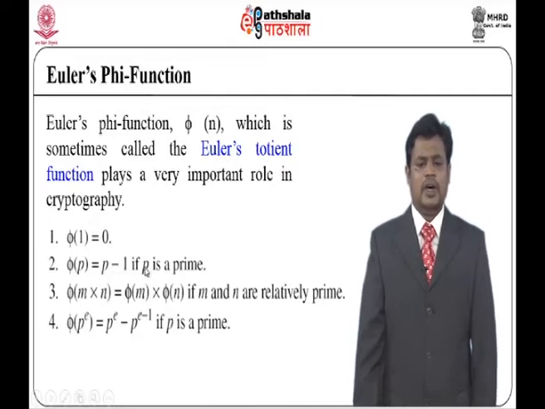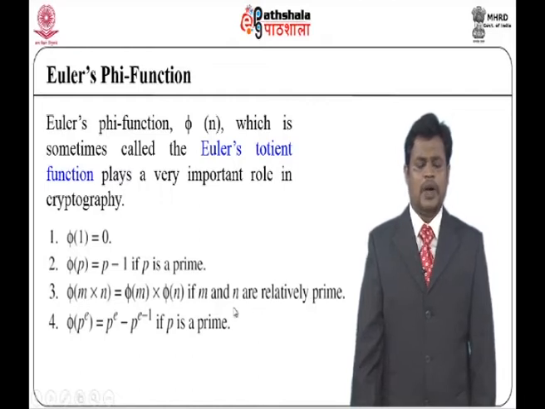That is, whenever n is a prime number, phi of n is p minus 1. Then the third rule: if n is a product m into n, where m and n are relatively prime. You know what relatively prime is? Yes, we already know: if I find the GCD of m comma n and get 1, then it is relatively prime or co-prime.